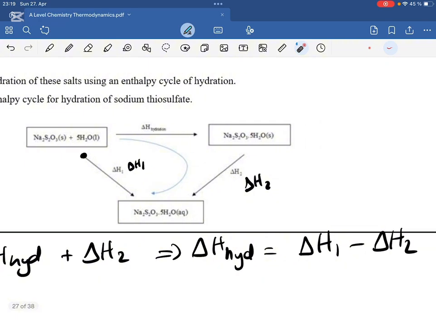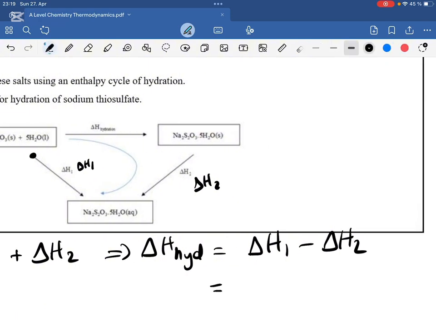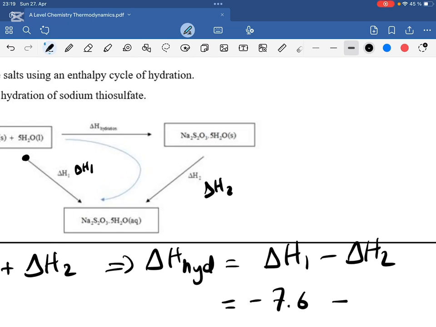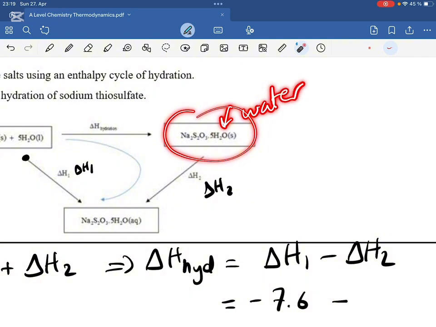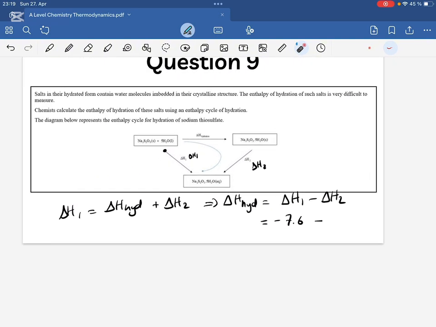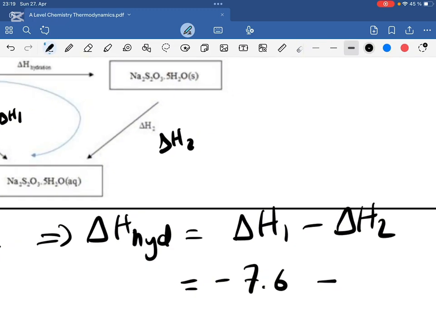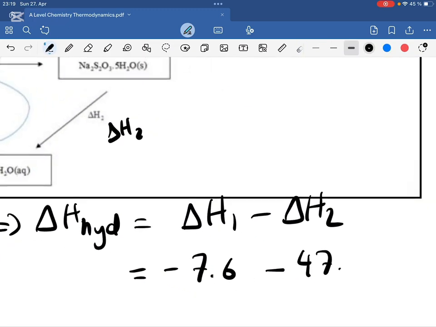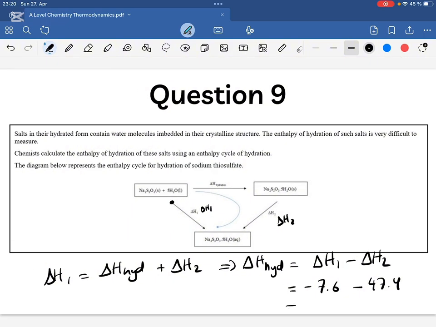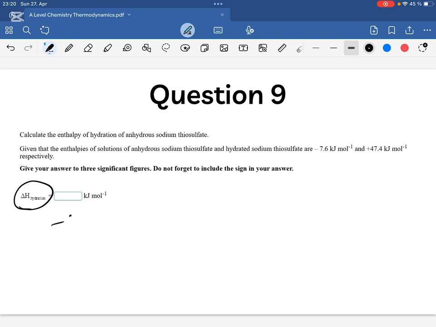So delta H1 is minus 7.6, minus the delta H2, which is for the hydrated one, as it has water molecules in it. So it's going to be minus 47.4, and the value is minus 55. They need the answer to 3 significant figures, so I'm going to put minus 55.0 kilojoules per mole.